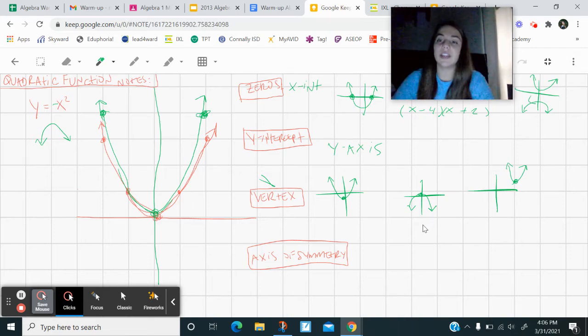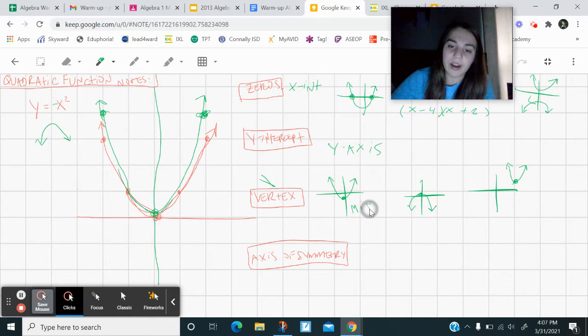And then we start calling them some names, like this vertex right here is a minimum value. This vertex right here is a maximum value. And this vertex is also a minimum, because it is the lowest point of the graph. If this minimum just so happened to fall at 2, the number 2 would be the minimum value of the graph. That means the lowest value of the graph. If the minimum value was like -3, that's what would happen.